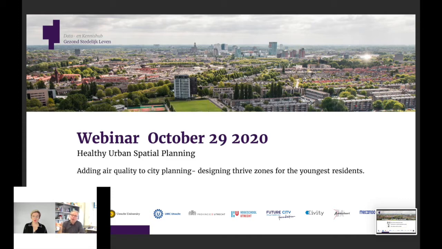That's actually what we talked about in the last seminars, to see basically how data can be visualized to make it actionable and to actually be able to come up with healthy urban design principles.